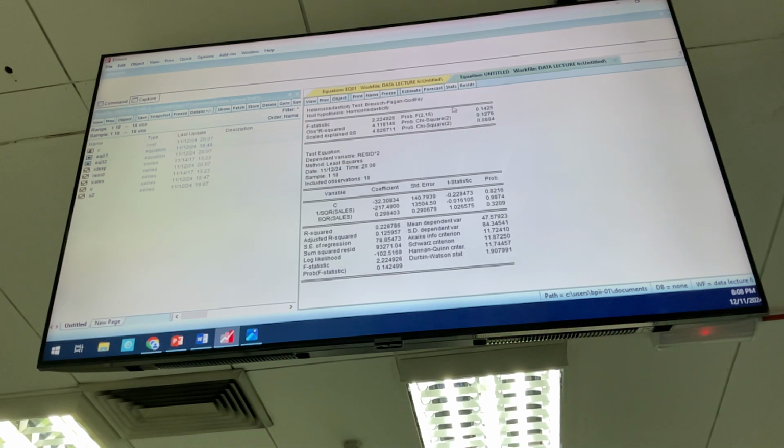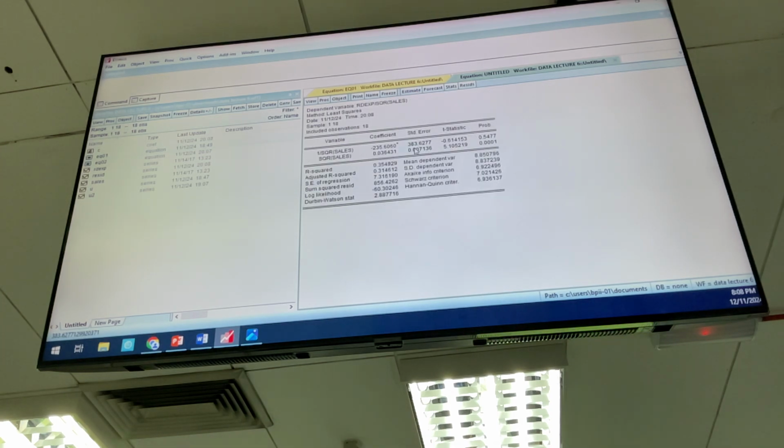So the reason why we transform the equation is to help us get more reliable estimates of standard error, t-statistic, and p-value, so that we are more confident to make a conclusion whether sales have significant influence or not on the dependent variable, the R&D expenditure. Basically we remedy the problem in order to get reliable results or conclusions of the hypothesis testing.